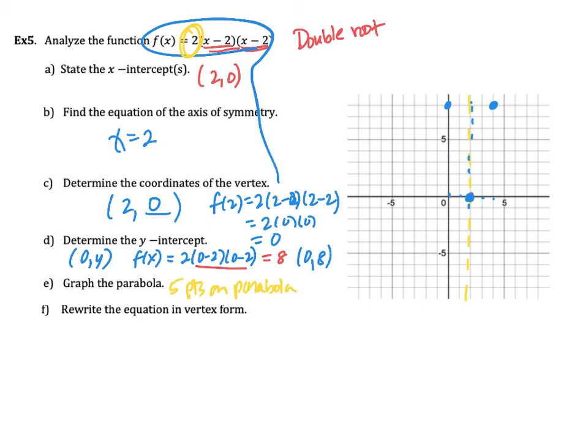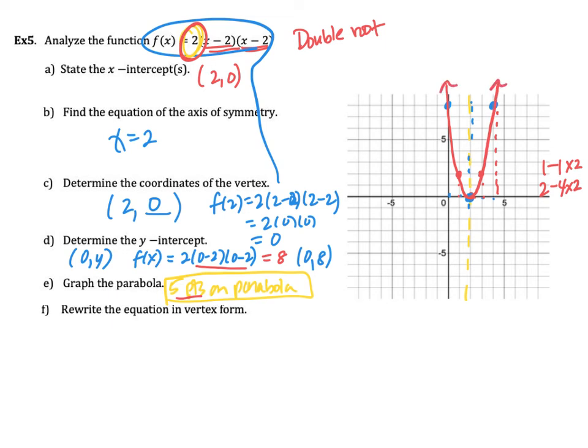We're always going to ask you for 5 points. So we need to get 2 more points. And so with that stretch factor of 2, we would go right 1 up 2, left 1 up 2. We used to go 1 to 1, 2 to 4, but we stretched this twice as high, which is why we went up 8 units instead of 4 units. So my parabola looks like this.